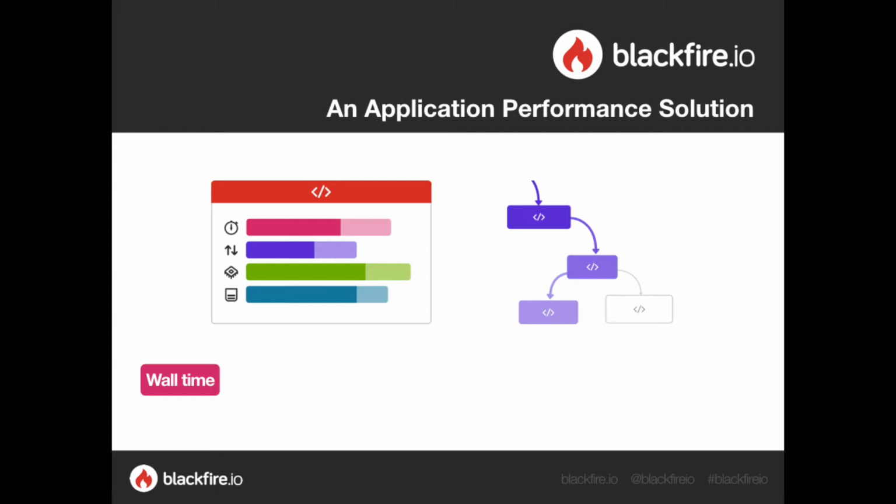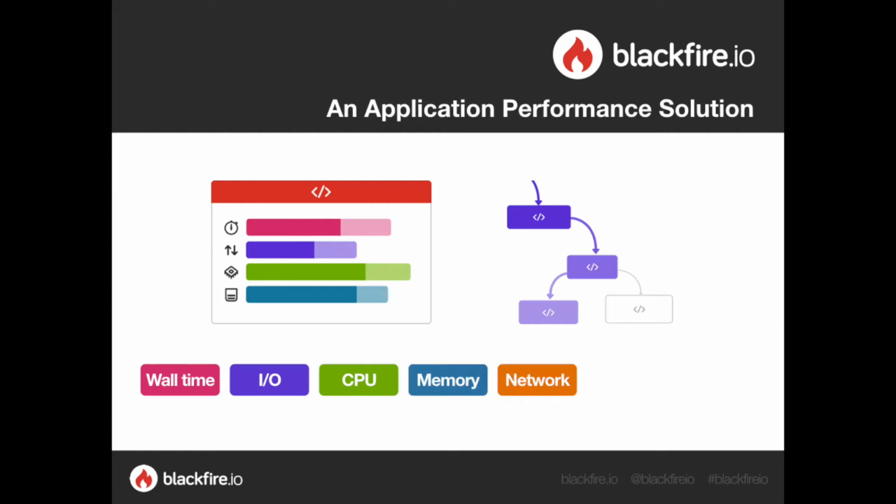You're able to understand exactly how your code behaves, how it consumes resources across wall time, which is the total PHP execution time, I/O time, which is the time PHP is waiting for some input or output, CPU time, which is the time CPU is actually executing some code, where I/O time plus CPU time will give you the wall time, memory, network calls, HTTP requests, and SQL queries.